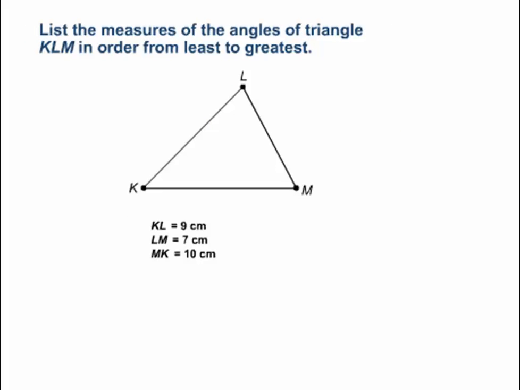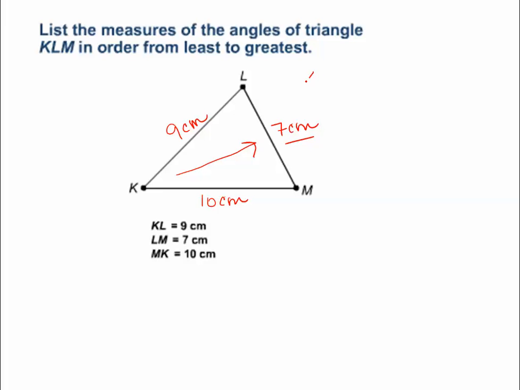Now let's try that in reverse. They're giving us the side lengths of segments on a triangle, and they're asking us to determine the angles from least to greatest. So the smallest angle is going to be opposite the smallest side, which is 7 centimeters.